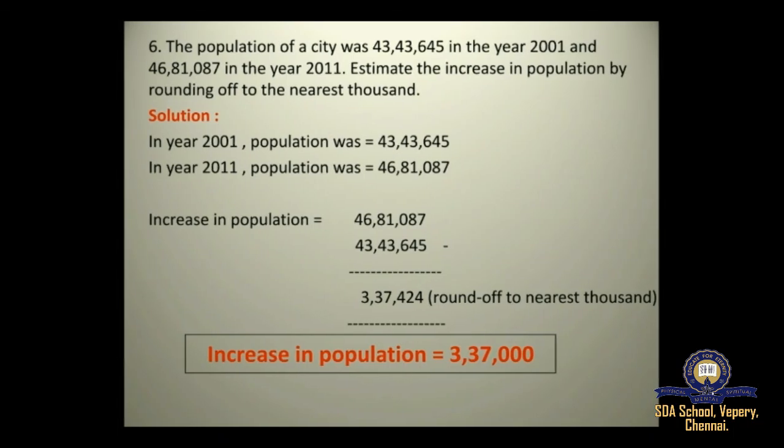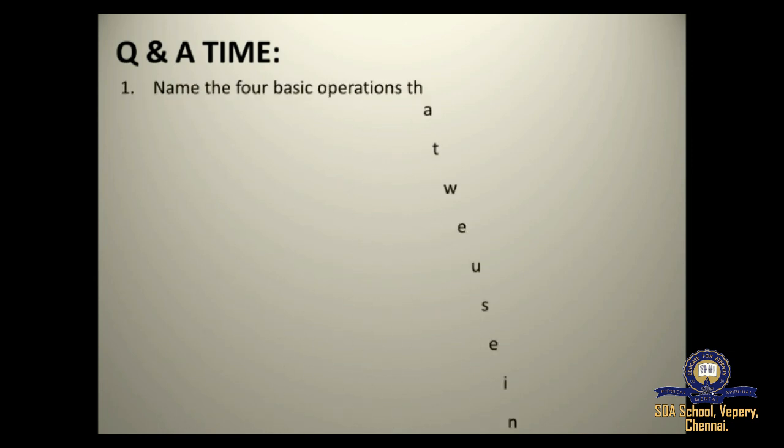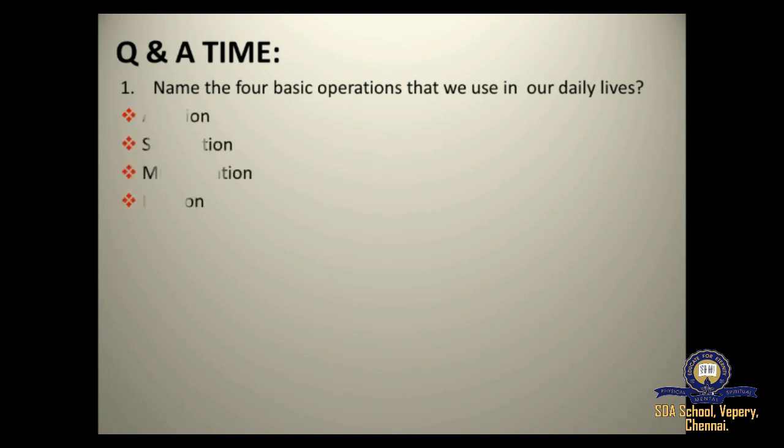So that's it, students. So now it's time for question and answer. So the first question is, name the 4 basic operations that we use in our daily lives. Yes, very good. It is addition, subtraction, multiplication and division.